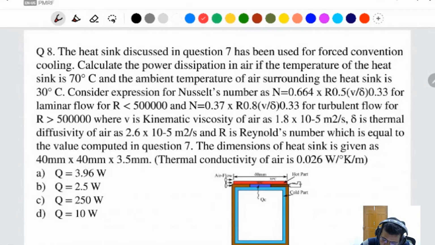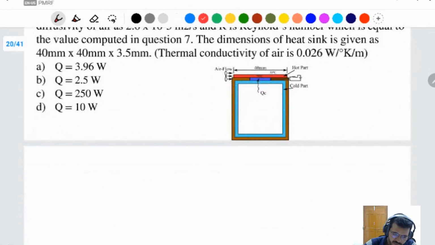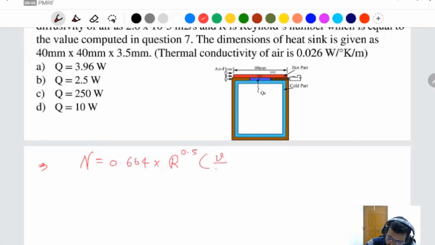Consider the expression for the Nusselt number as N is equal to 0.664 into Reynolds number to power 0.5, to the power 0.33, for Reynolds number less than 5 into 10 to power 5.